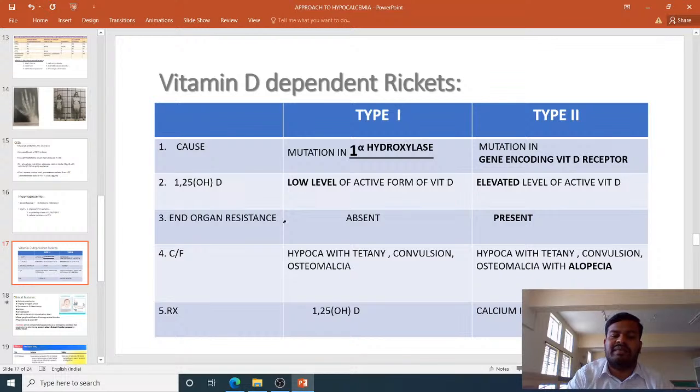So there will be low levels of active vitamin D, and end organ resistance is absent in type 1, and end organ resistance is present in type 2. Clinical features are hypocalcemia with tetany, convulsions, and osteomalacia in type 1, and hypocalcemia with tetany, convulsions, osteomalacia, and with alopecia in type 2. The treatment is vitamin D exclusively in type 1 patients and just calcium in type 2 patients.